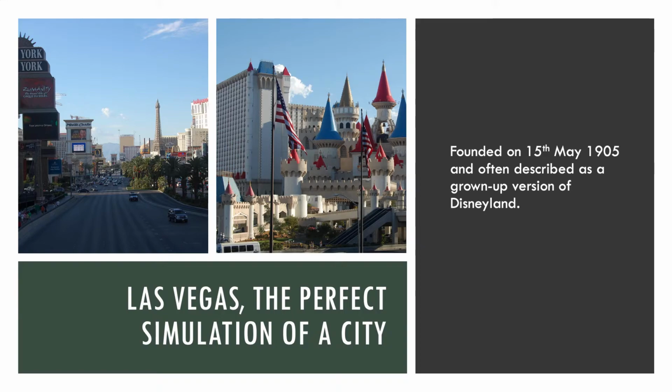And likewise, if you look over to the right hand side in that same photo, there is a version of the Eiffel Tower in Paris. So again, nothing actually real.